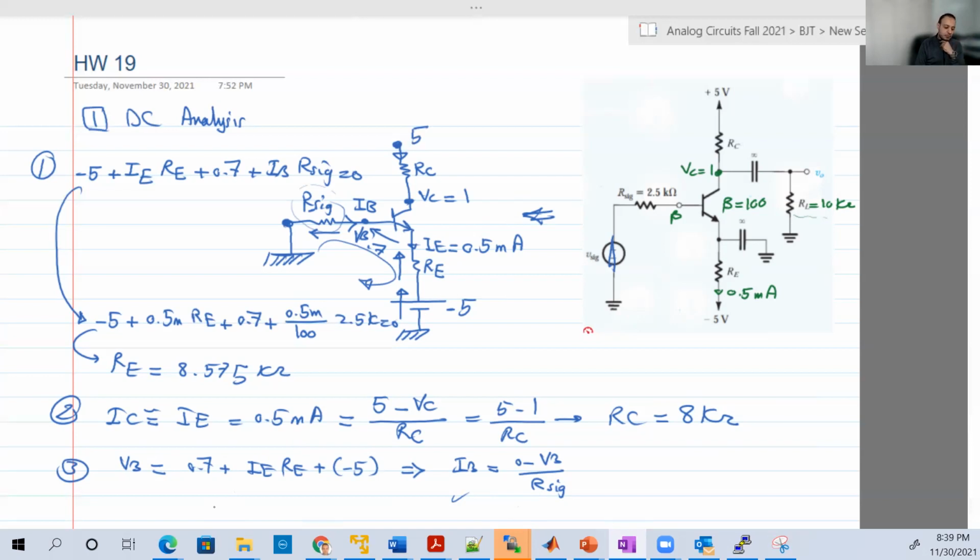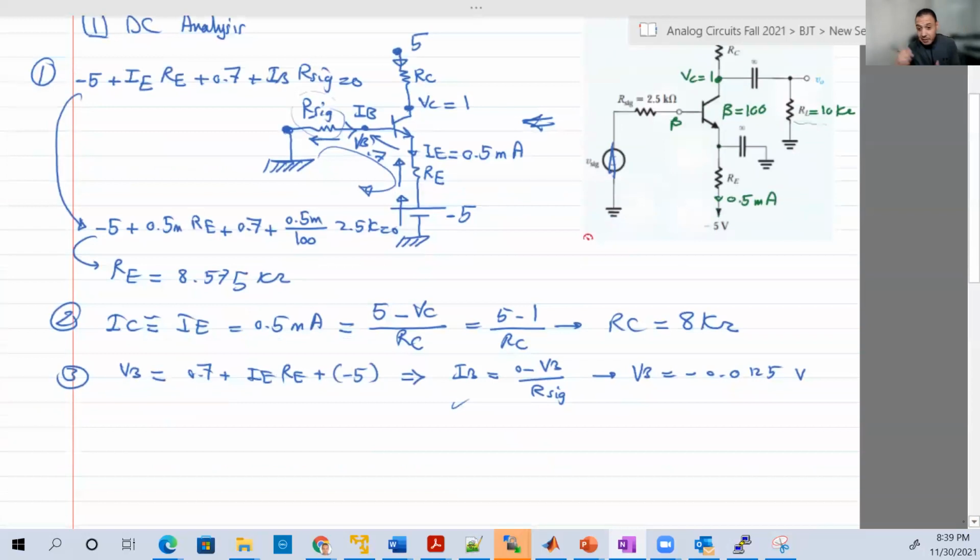Okay. So if you do that, it will be minus 0.0125 volt. And again, VB here is negative, but we don't care about that. What we really care about is that IB is positive.